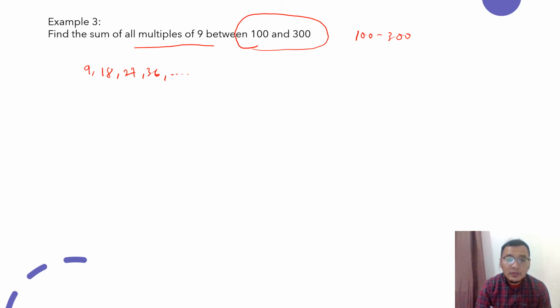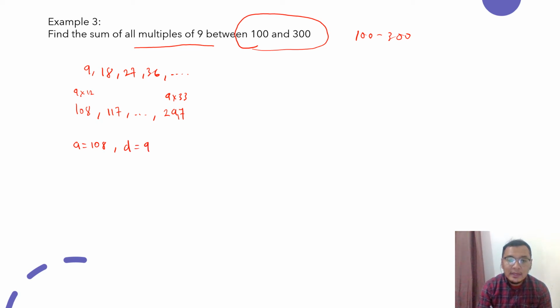Okay, so the first term of multiples of 9 between 100 and 300 is 108, which is 9 times 12, and we have 117, and the last term is 297, which is 9 times 33. Okay, so from this sequence we can say that we have a, which is 108, and we have d, which is 9.